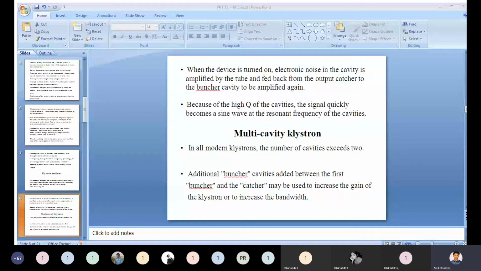The residual kinetic energy in the electron beam when it hits the collector electrode, you need to see the diagram for that, represents wasted energy, which is dissipated as heat, which must be removed by a cooling system.